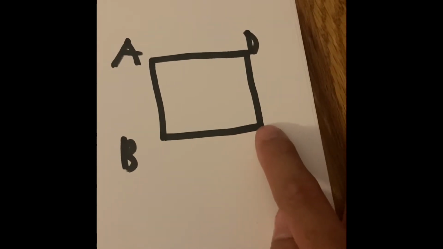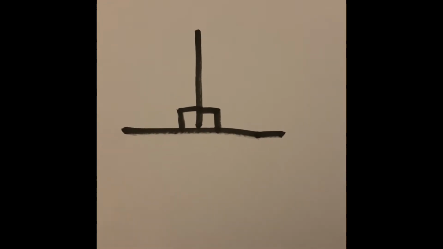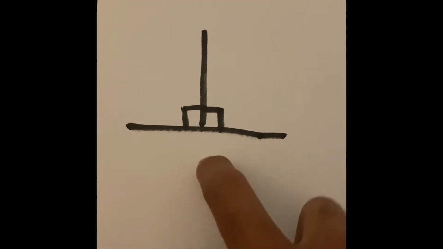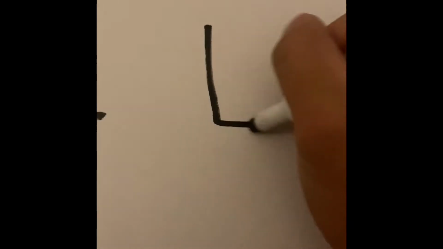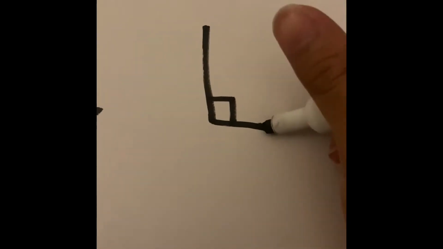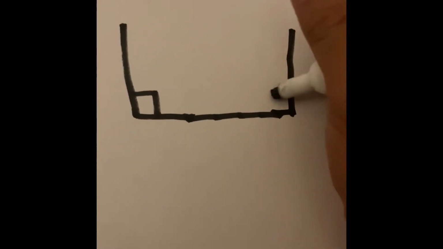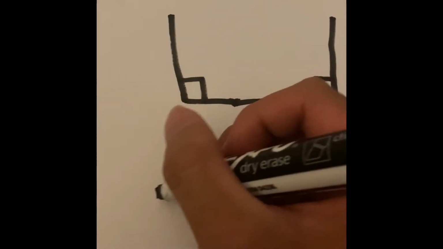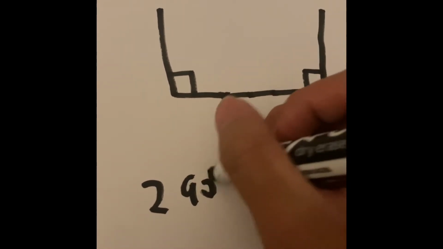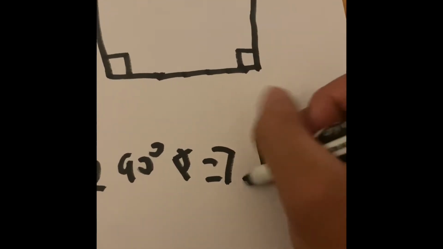That leads to another thing with perpendicular lines. You may think that perpendicular lines look like these. But perpendicular lines can also look like this, where there's one 90-degree angle right here and another 90-degree angle right here. The definition of perpendicular lines is that two 90-degree angles bring you to perpendicular lines.